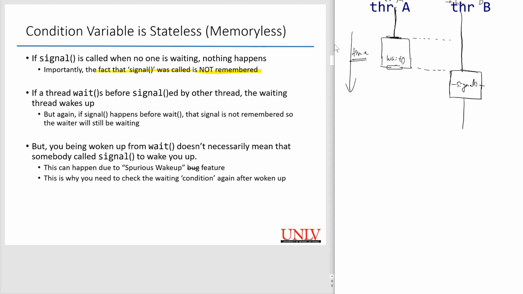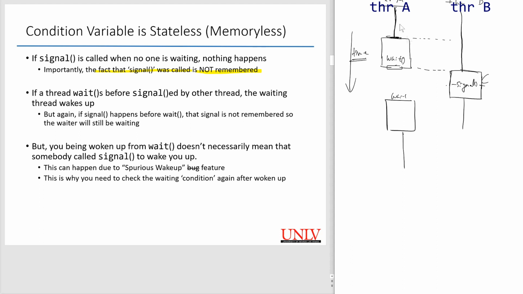So thread B will wake up thread A. At the moment of the signal, the condition variable has a valid waiter, in this case thread A, and thread A will be woken up and make progress.